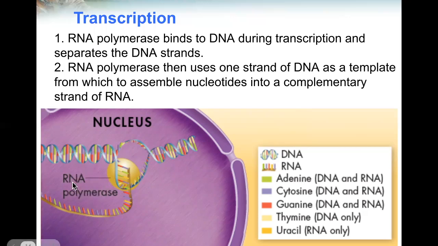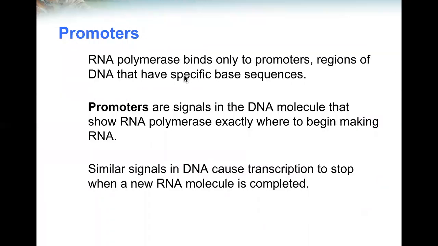So the RNA polymerase uses this to create the mRNA. RNA polymerase binds only to promoters, regions of DNA that have specific base sequences. Promoters are signals in the DNA molecule to show RNA polymerase exactly where to begin making RNA. Similar signals in DNA cause transcription to stop when a new RNA molecule is completed.